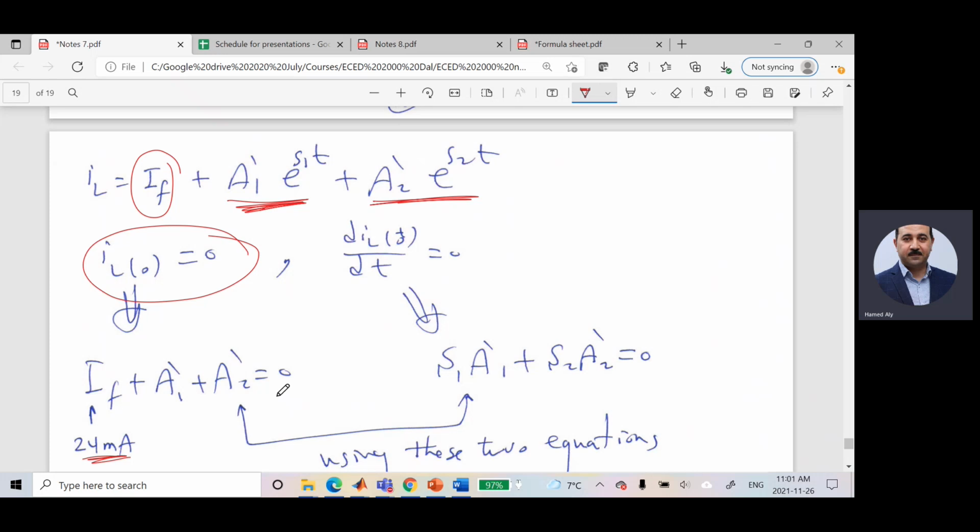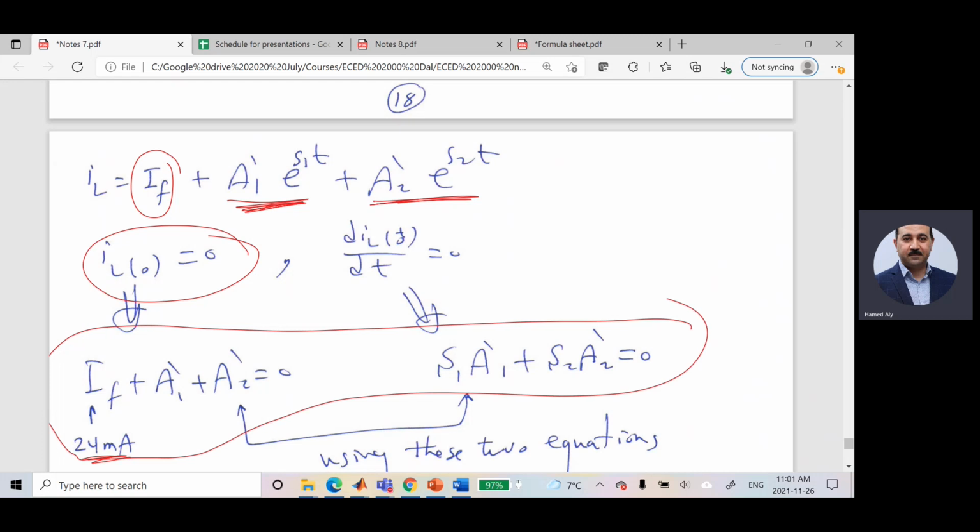This guy is equal to 0. Then di of 0 by dt is equal to s1 A1 plus s2 A2. And you told me that iL of 0 is 0 and diL of 0 by dt is equal to 0. So based on that, I have those two different equations. What is the next step? The next step is to solve these two different equations together.